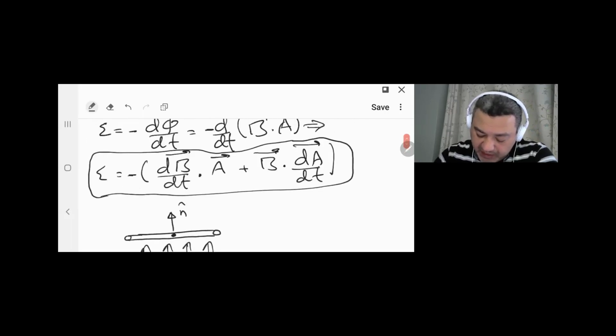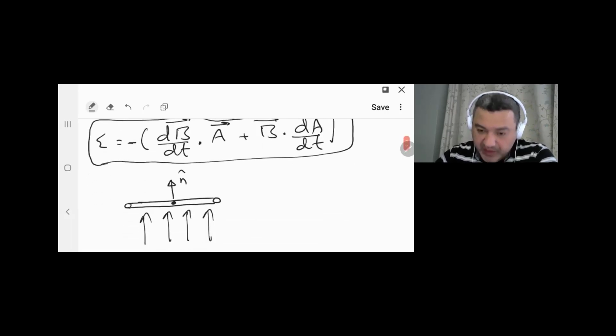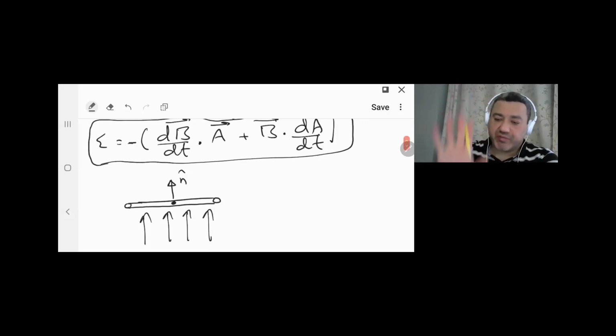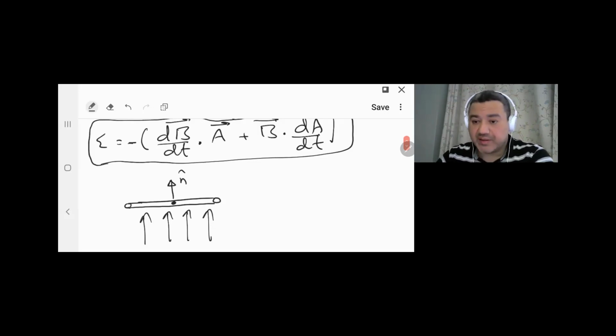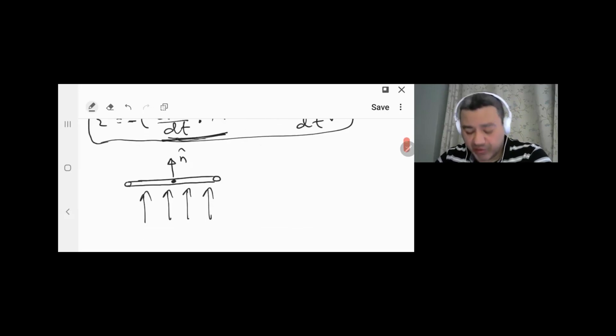And in this case, if the magnetic field is the one that varies in time, by increasing and decreasing in the same direction, while the loop is stationary, I will call this technique transformer electromotive force.